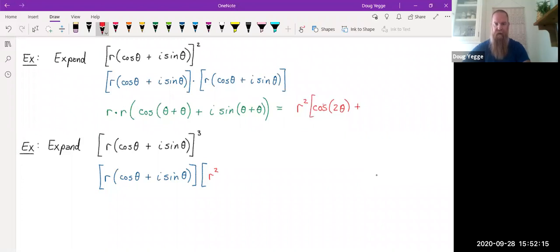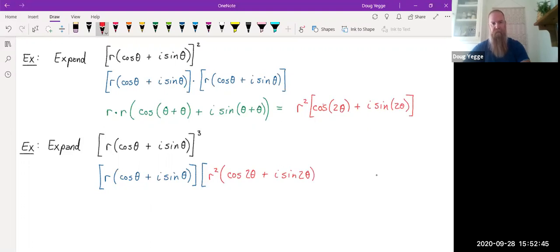This becomes plus I sine of 2 theta. Okay, so notice that what we've done here is we've simply squared the radius, and we've doubled the angle. So now let's multiply by this complex number, which is r squared cosine of 2 theta plus I times sine of 2 theta.